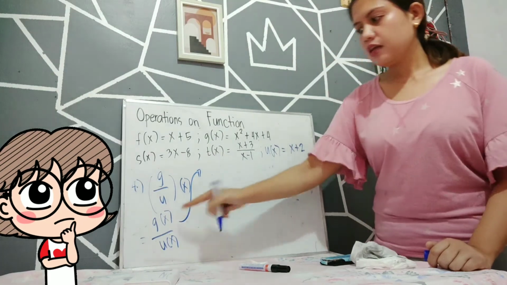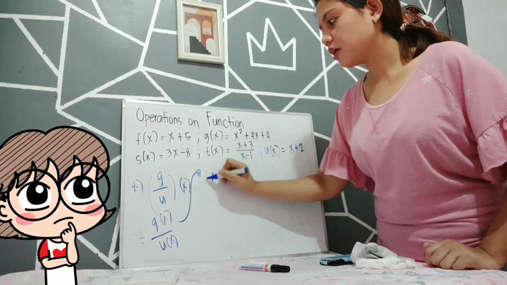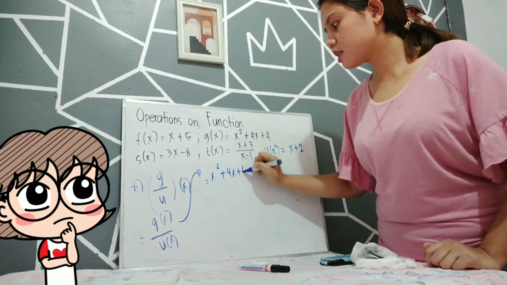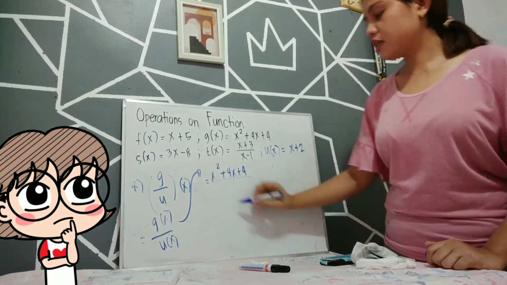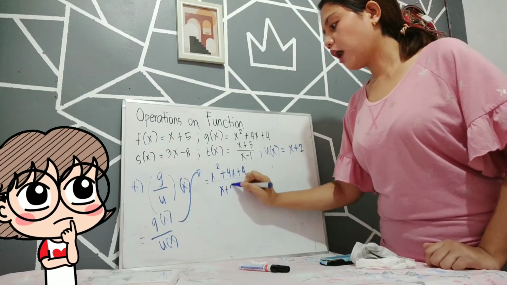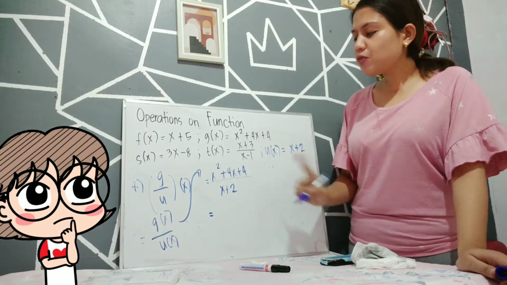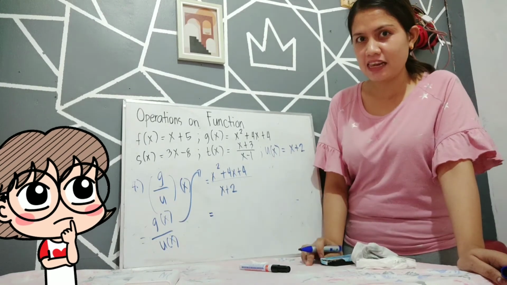And then, g of x, you just copy x squared plus 4x plus 4 over u of x, which is x plus 2. Okay, now, as you have noticed here, class, our numerator involves a trinomial.